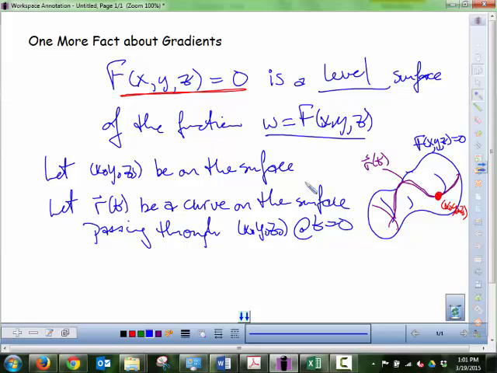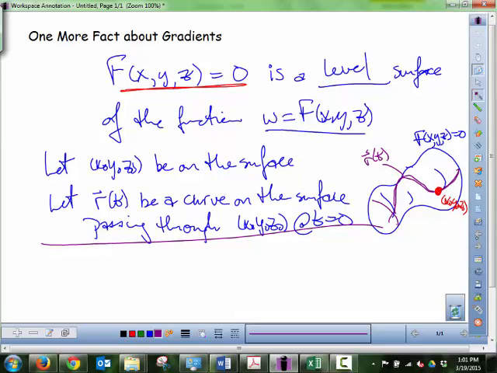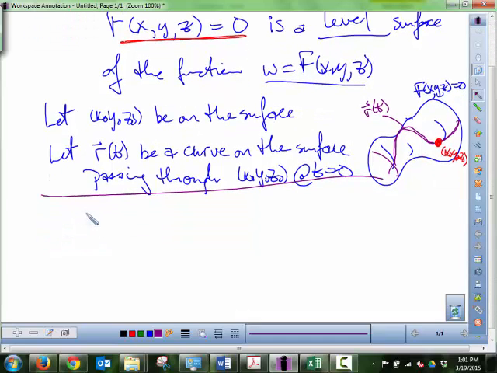Okay? So what we're going to do, since we have already talked about the chain rule, is compose these two functions. So we'll consider f of r of t.